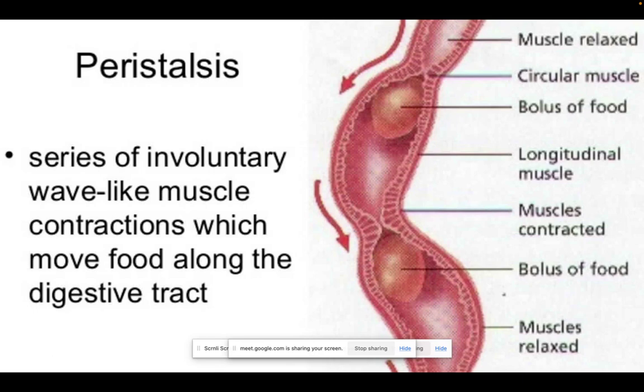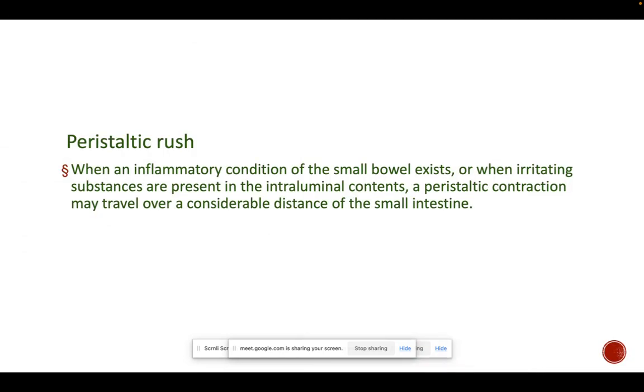It is caused by the ejection of food from the stomach into the duodenum, and it is a property of smooth muscle. Its stimulus is irritation of the duodenum or distension of the duodenum. Then third is the peristaltic rush. It means if there is any irritatory stimulus in the duodenum, then a peristaltic contraction will occur in the wall.